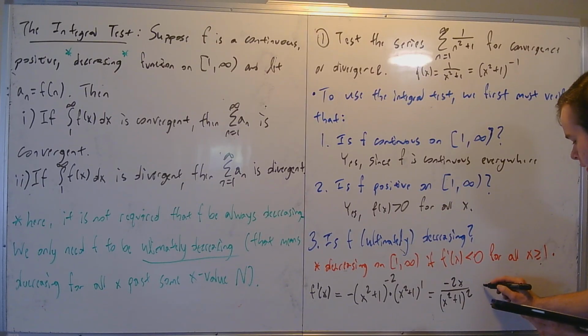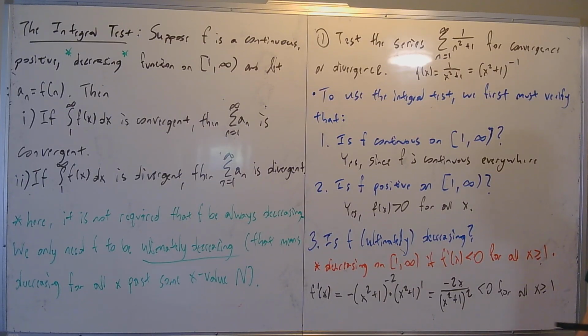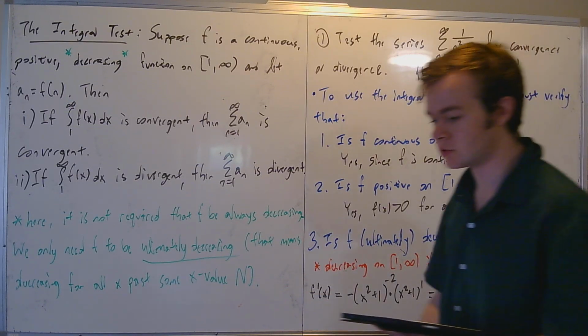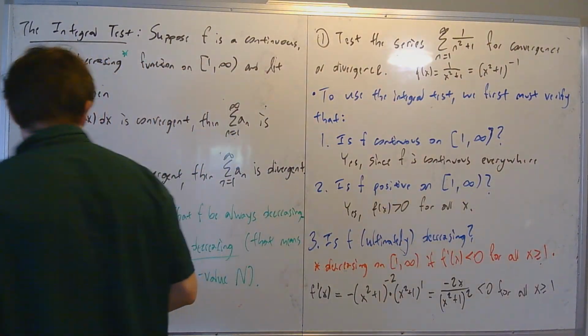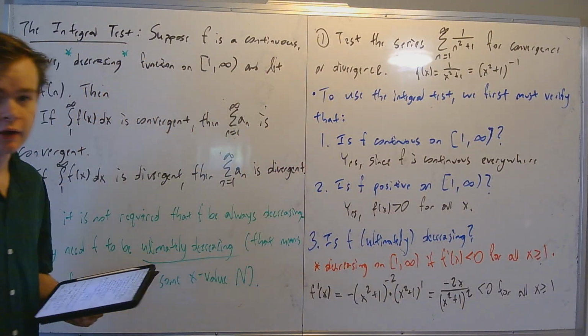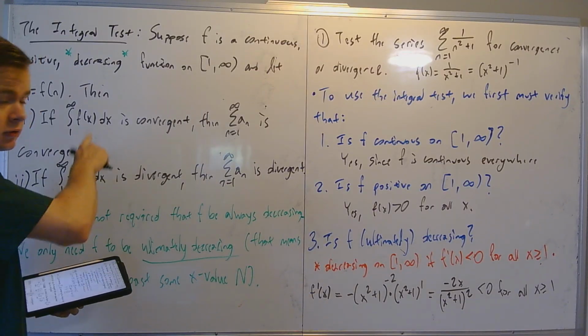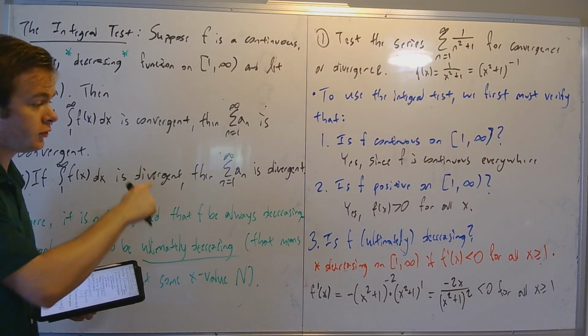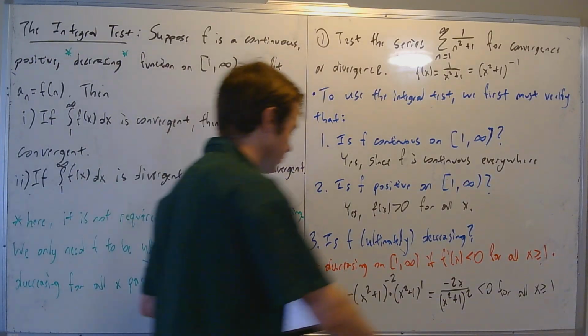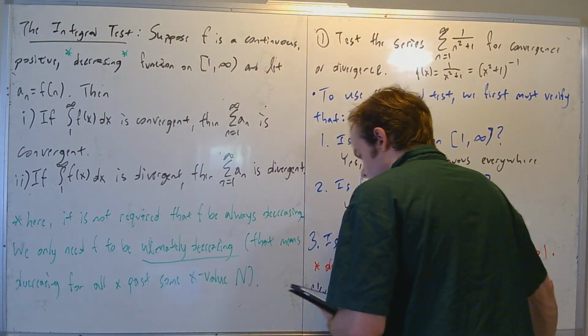So this is negative for all x greater than or equal to 1. So that's what we wanted to check. So we took the derivative, we found it's negative, and that tells us that our function is decreasing. After you do all of that, which is very important to make sure this test even makes sense, you can actually use the integral test. So that's what we'll do here.